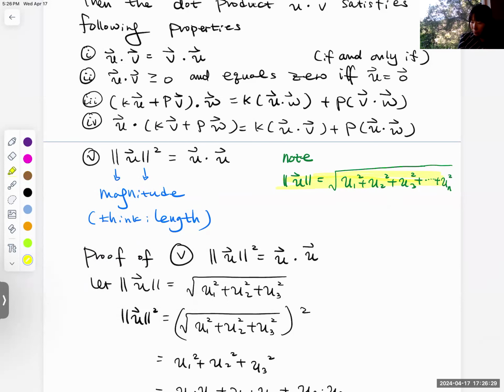The magnitude of U, yeah, we are using this formula. Okay, so we are using that. All right, so maybe you guys confirm this work. Can you confirm this is the right one?